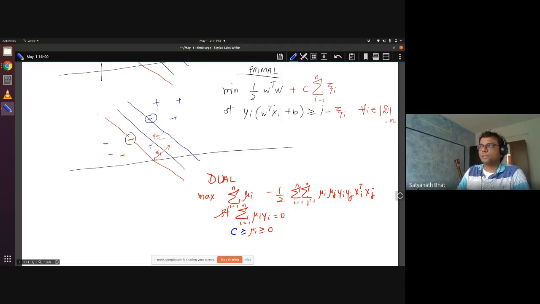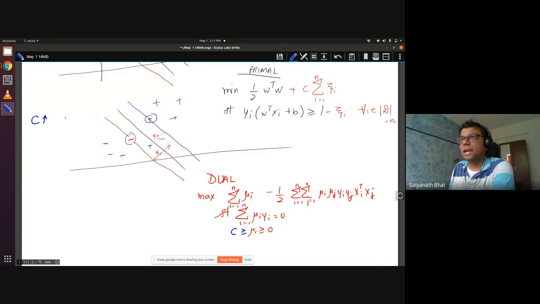So if you look at the primal now, the only difference that I have shown is in this red color, and the only difference in the dual is that the C that was in the primal appears here. Other than that, they are pretty much the same. Now one observation is, if you increase C, then what happens?